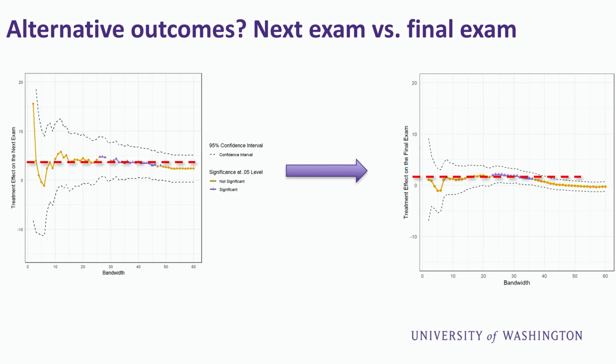So it faded out, but you can still see something, meaning that there is possibly some positive effect carrying through the quarter, but not super obvious. And there are many more alternative options for you to strengthen the internal validity of the estimation.